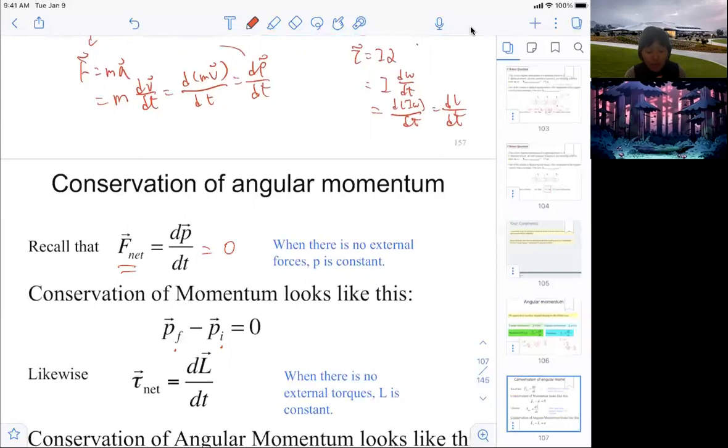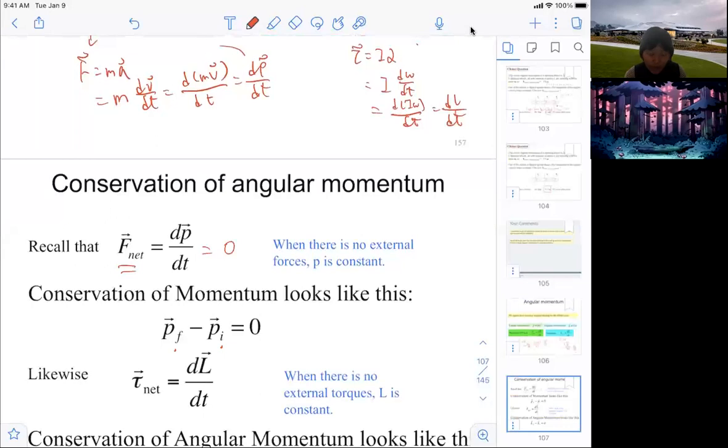So P final is equal to P initial. It's a constant momentum. That's conservation of momentum when there's no external force. When there is, then you have to think about the impulse acting on the system. But when there's no force, it's really just P final equals P initial.